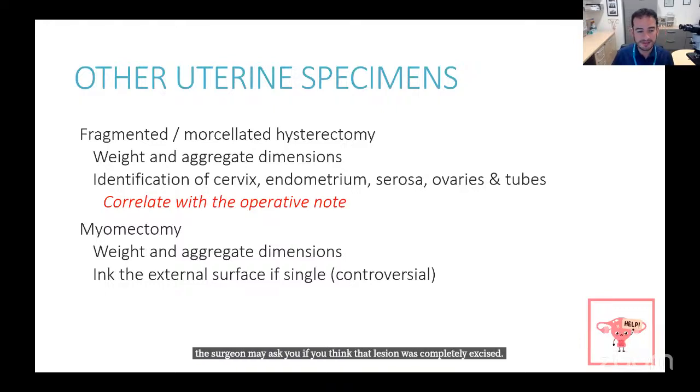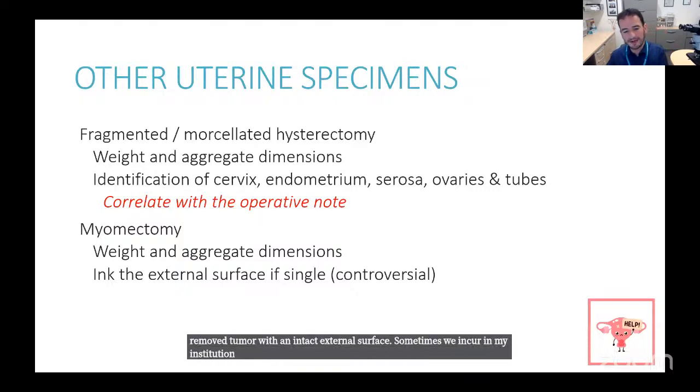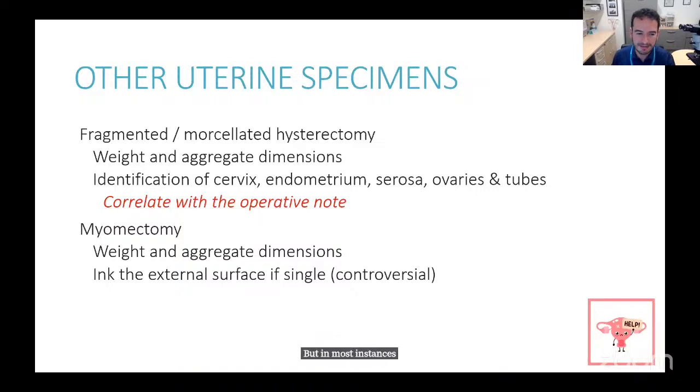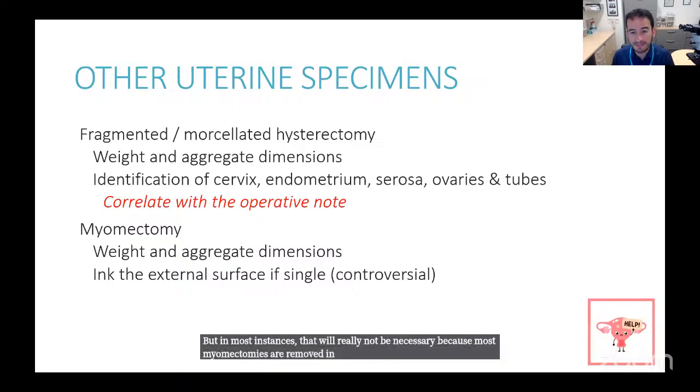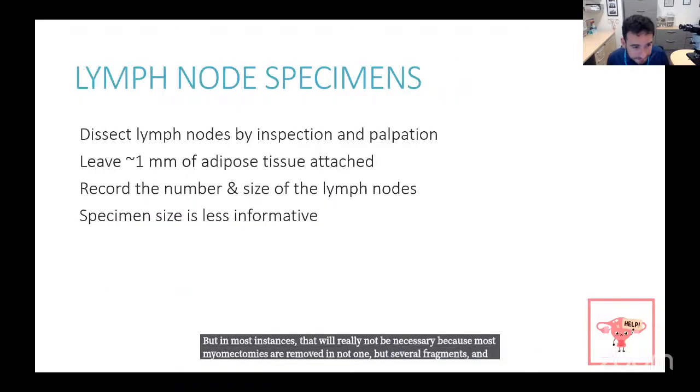That's controversial. If it's a single removed tumor with an intact external surface, sometimes we ink it in my institution because of the rare instance in which it ends up being malignant, and the surgeon wants to know if the margins are negative. But in most instances, that will really not be necessary, because most myomectomies are removed in not one, but several fragments, and they end up being benign.